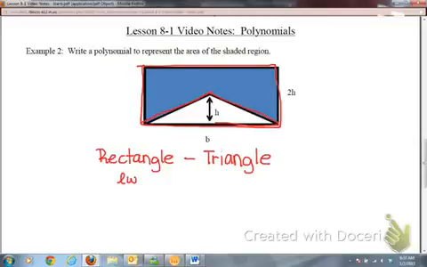And so to find the area of the shaded region in this picture, we want to take that area, length times width, minus the area of the triangle, and the formula for the area of the triangle is 1/2 times the base of the triangle times the height of the triangle. So in that step right there, I just used the formulas. If you're confused about how I got all that, that was just using formulas. I'm just setting the problem up.